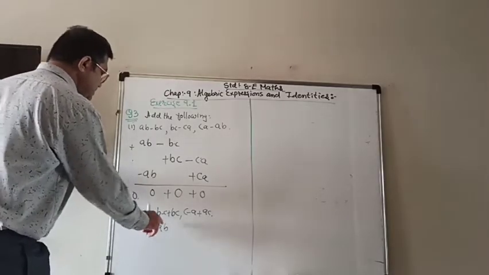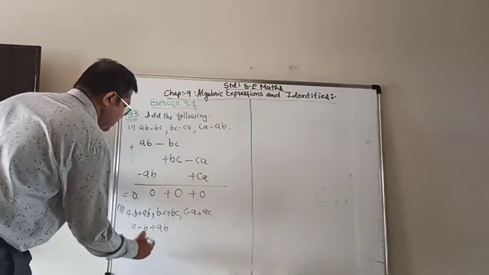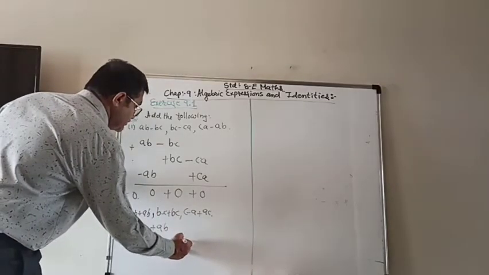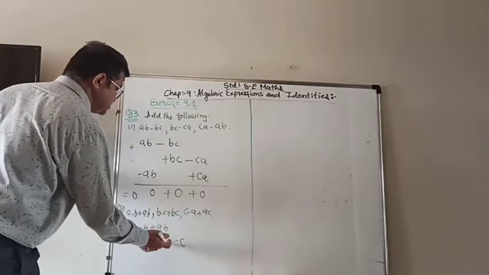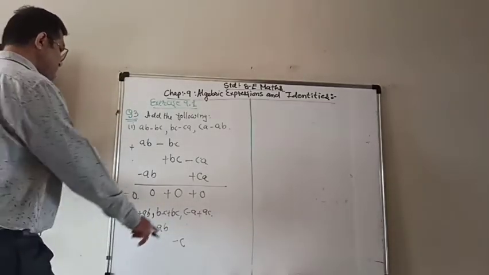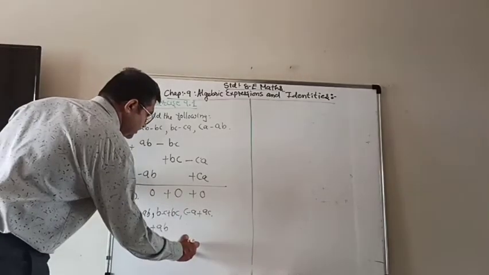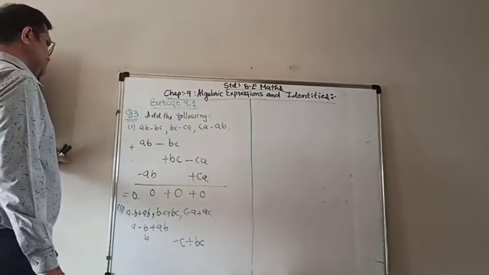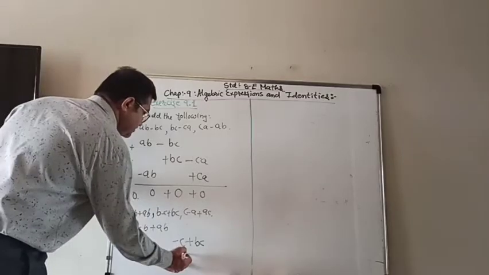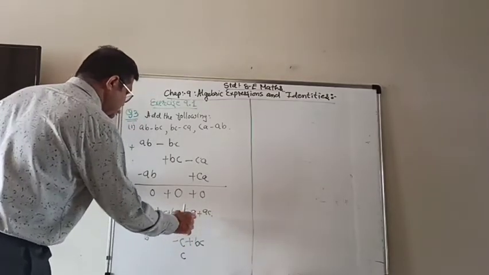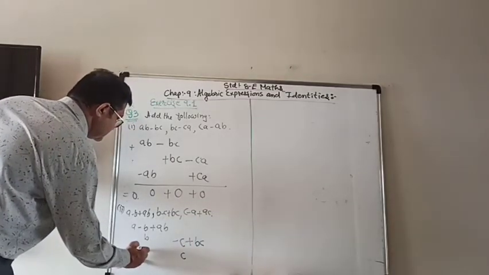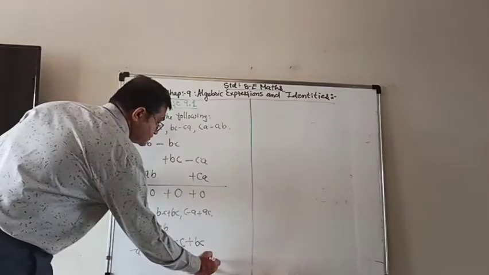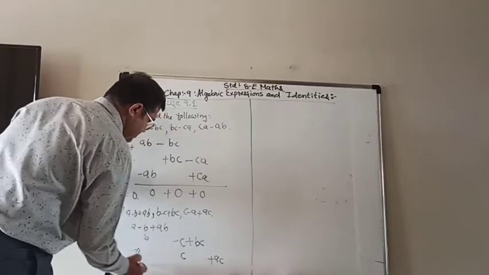Now here is B, so B will be written in the column. Minus C, but C is not here, so we will write C after the last term. Plus BC. BC is also not there, so we will write plus BC. Last is C. C will be written here. Minus A will be written here. Plus AC. AC is not there, so plus AC will be there.